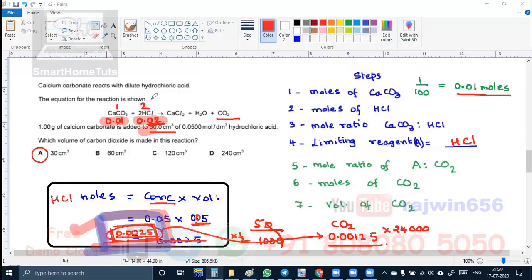And because HCl to CO2 is 2:1, I multiplied this by half, 0.0025 into half. This is the moles of CO2, 0.00125 moles. And when I want volume at RTP, I'm going to multiply it by 24,000 to get the answer in centimeter cube, which is going to give me this answer, 30 cm cube.